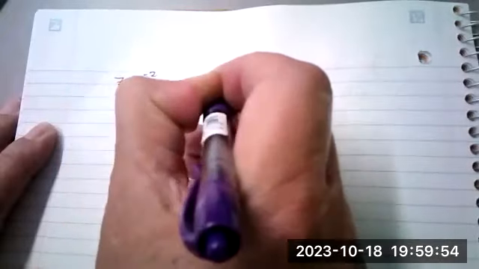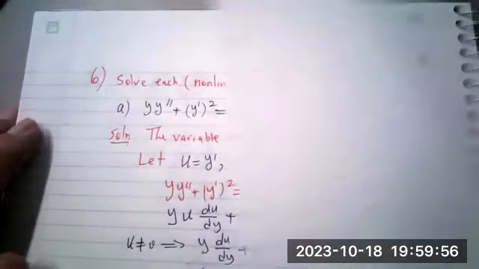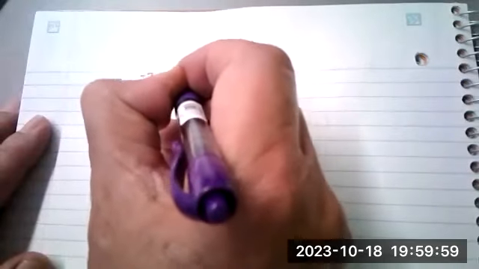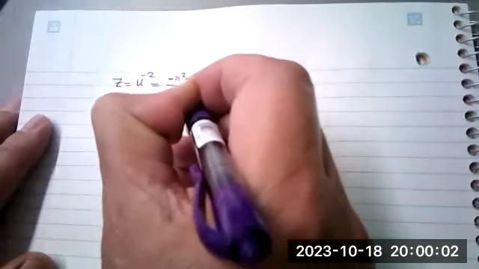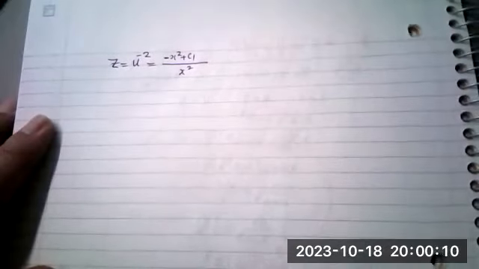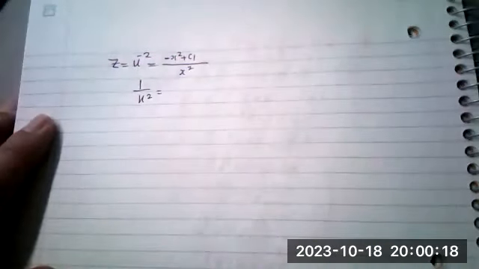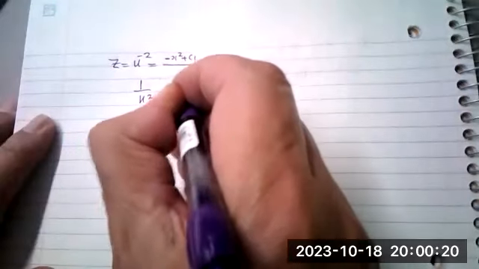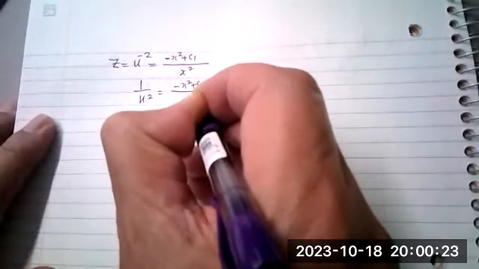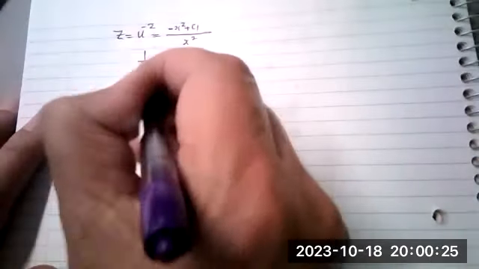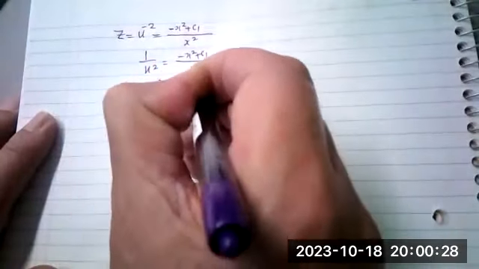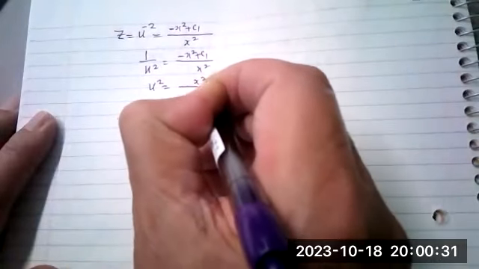So z is u to the negative 2, and it is going to be equal to whatever you have over here: negative x squared plus c1 over x squared. That's u to the negative 2. So you change it to u squared and then you find it. So flip it: u squared would be x squared over negative x squared plus c1.